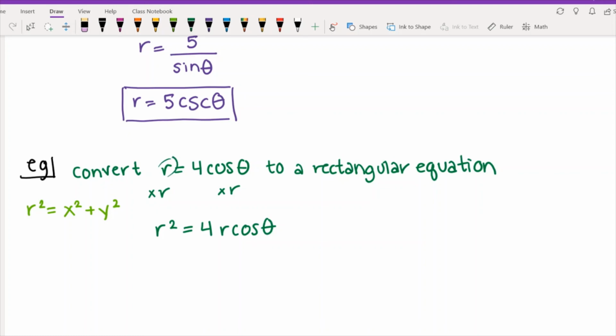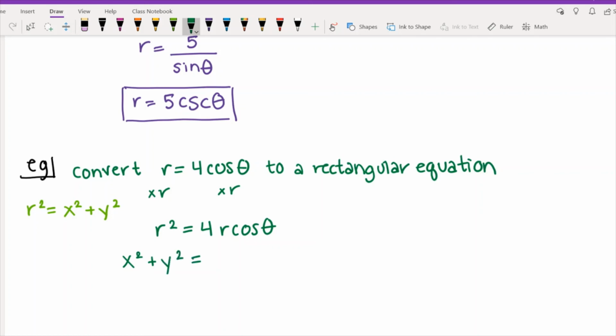Well, multiplying both sides by r actually helps us, because r times cosine of theta is going to be equal to x. I'll remind you of why that is in a moment, but it's basically a trick to make things work out nicely, so we multiply both sides by r. So r squared, like we just said, is equal to x squared plus y squared.